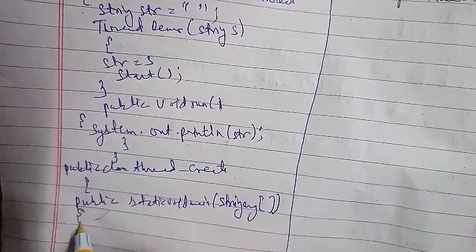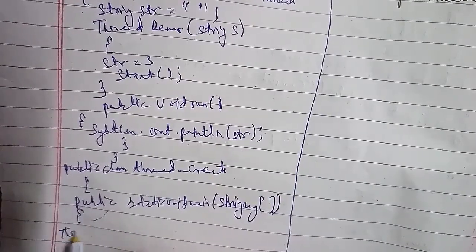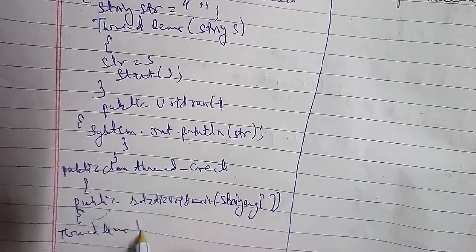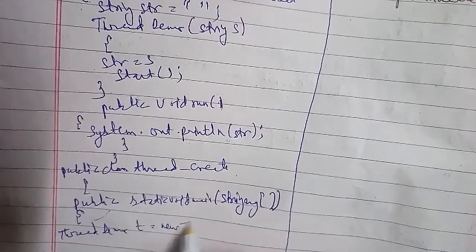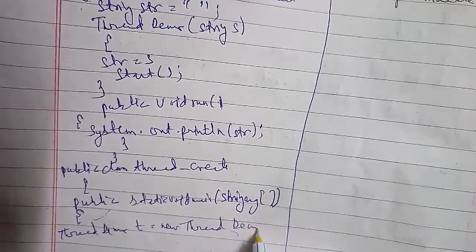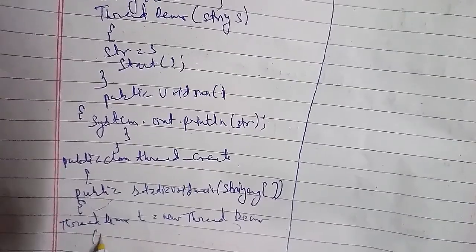Now an example of a thread program using the Runnable interface. So we'll start with that.